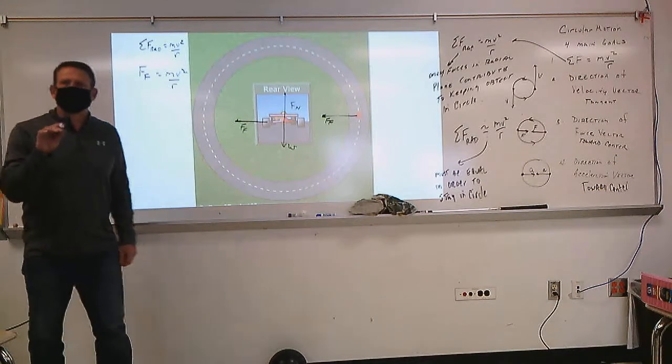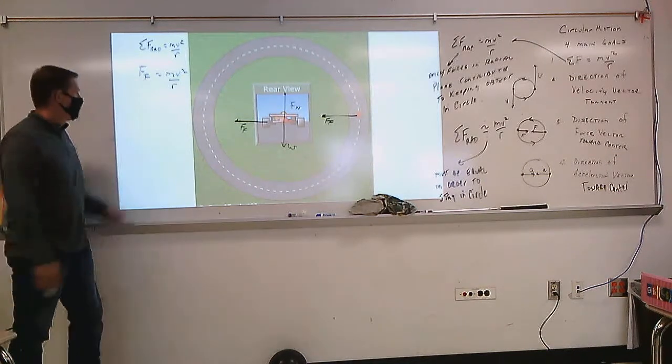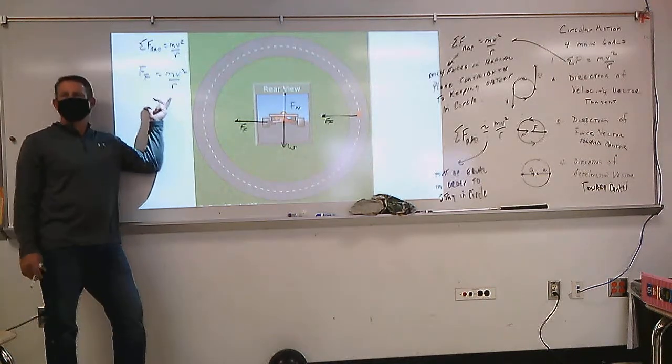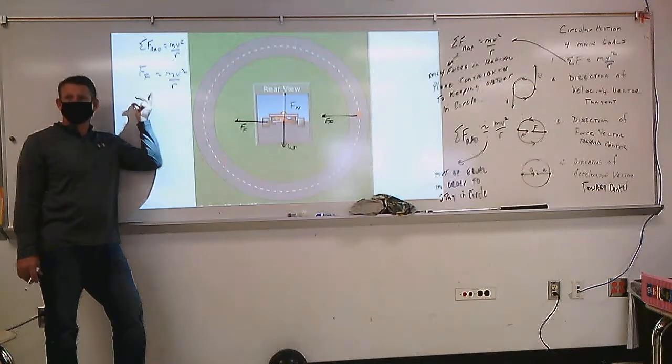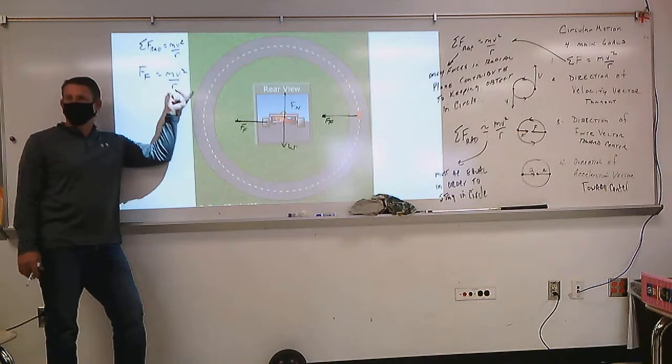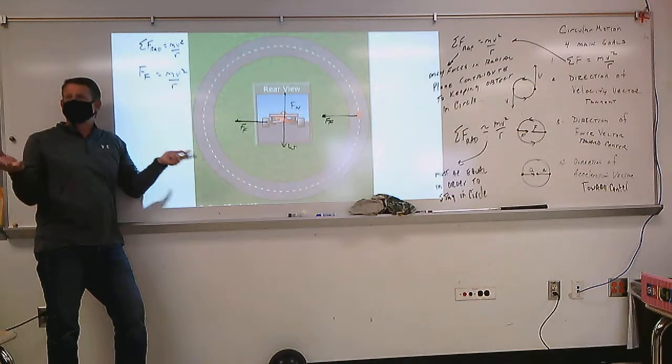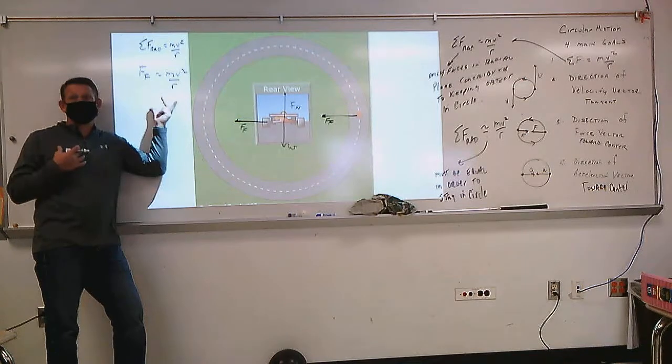Think about how different that is. What does this imply? This implies I've got some friction between the car and the road. It has to be equal to mv squared over r. That's factually incorrect, so this is misleading.